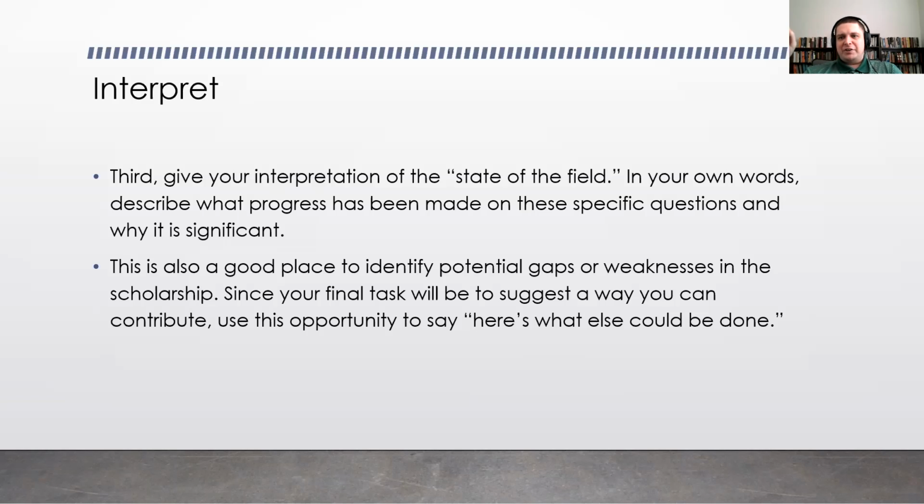Or here's something that these authors have not really considered much. Or here's something that recent scholarship has not touched at all. And what that looks like will depend on your field and your interests, maybe a different application of a theory or a method. It may be getting data from a different source. It may be reevaluating a category.